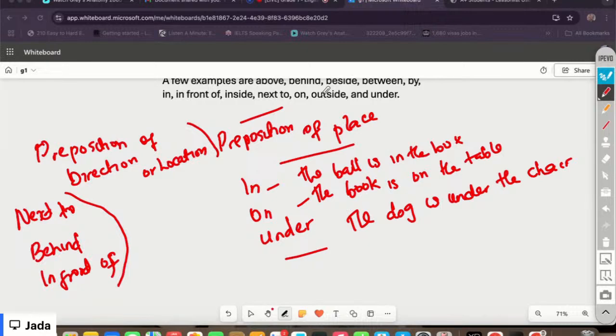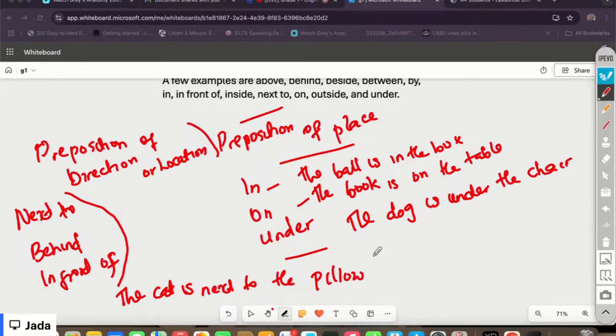So when you talk about next to, you can say the cat is next to the pillow. So something like this. The cat is next to the pillow. Okay, so we have an example which is very good.